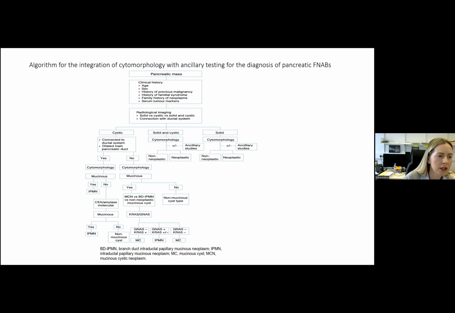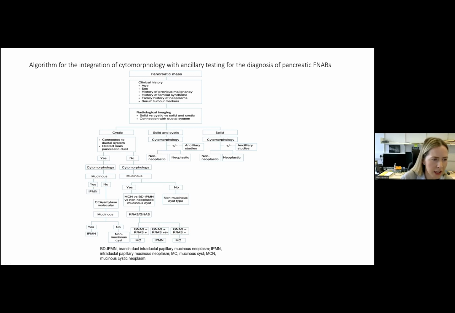So when we go on to look at cystic lesions, the two main clinical questions that direct the management of patients with cystic lesions is whether the tumour is mucinous or non-mucinous, okay? And then once you distinguish the category, you then need to know whether the cyst is low risk or high risk for malignancy. And this requires a culmination of cytology and molecular and imaging.